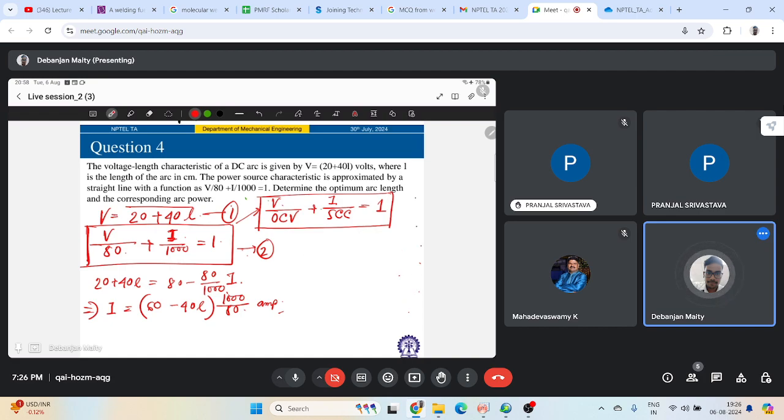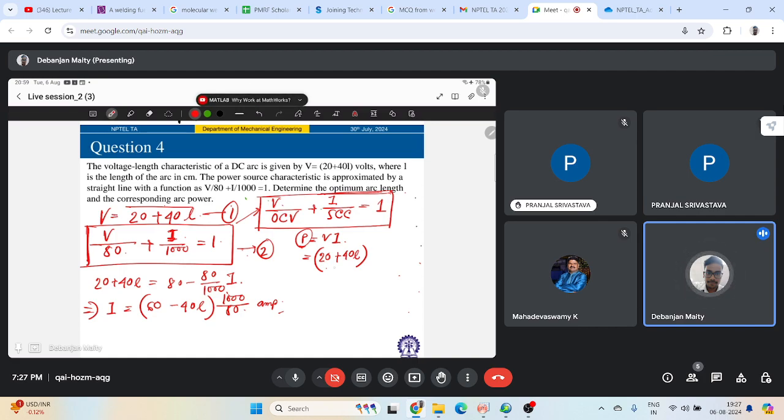So if I is this, what is power? Power is V into I. My V is 20 plus 40 L. I need some relation between arc length and the power, because you need to determine the optimum arc length and corresponding arc power.